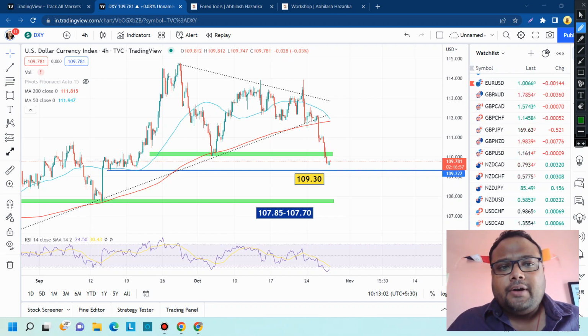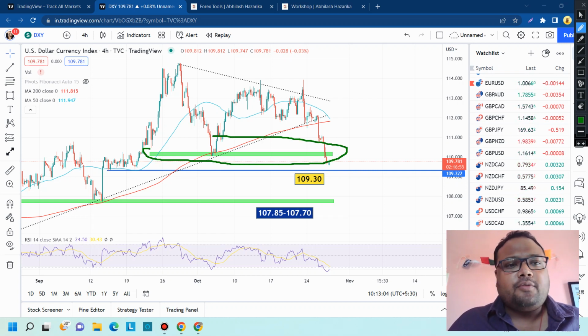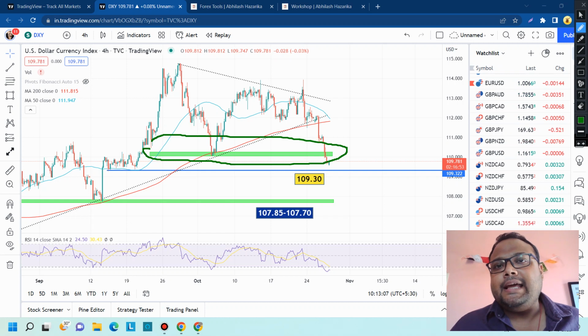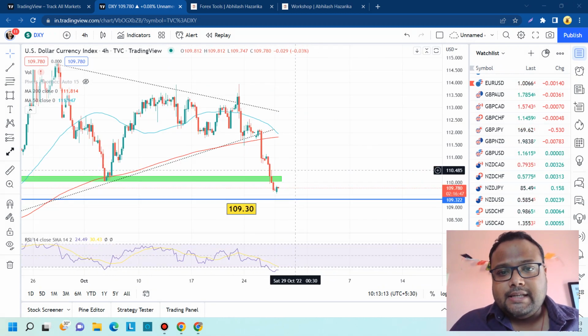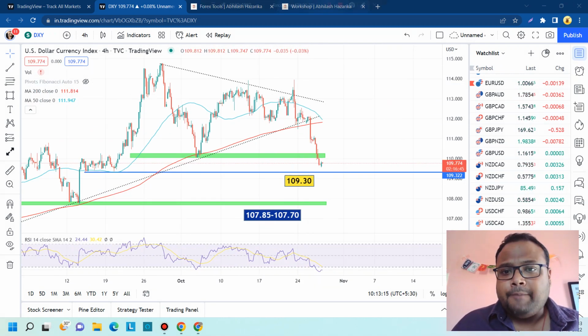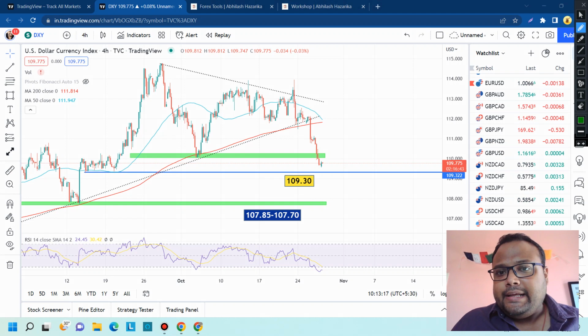110 was a major support for DXY, and yesterday it broke the major support and is right now standing at 109.77. This is the current market price of DXY, and in case DXY comes down, then the next support is around 109.30.